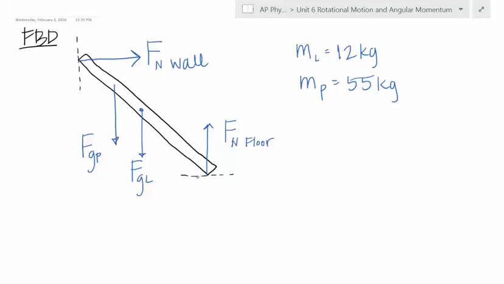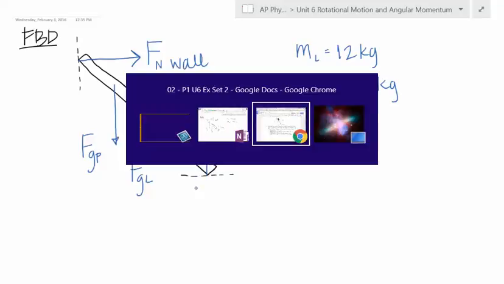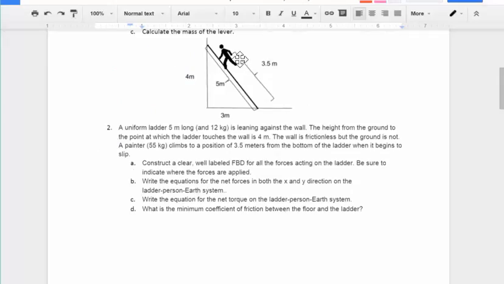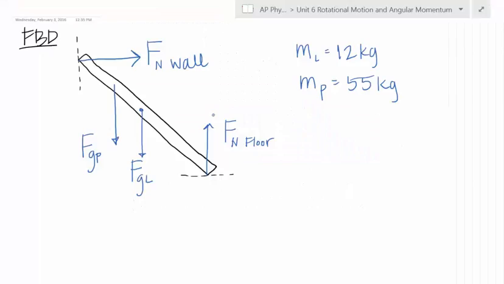So, which way would the friction force need to be if this person is climbing the ladder? Towards the wall? So I'll draw this friction force, and it's going to be static because we don't want it to slip. That's the whole thing. And this will be the floor.